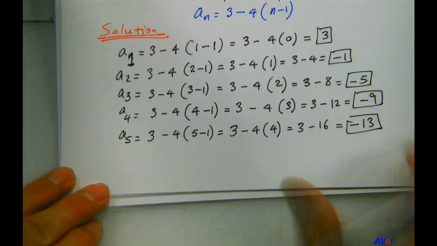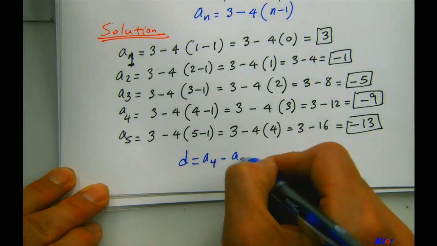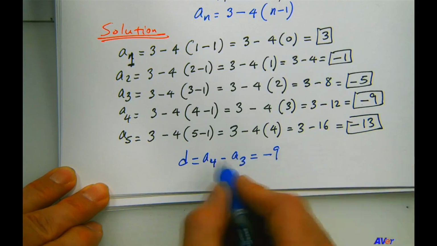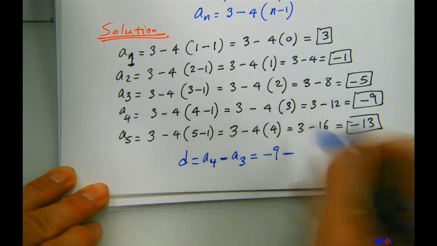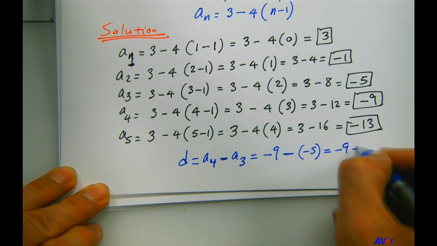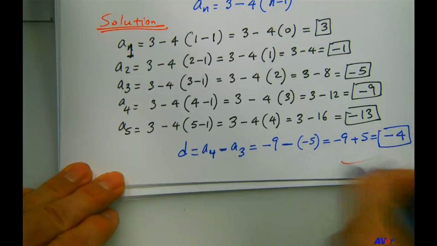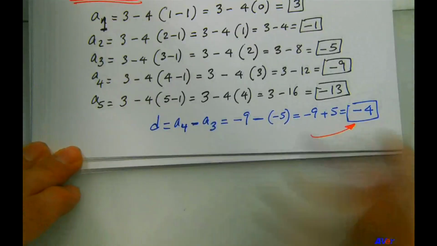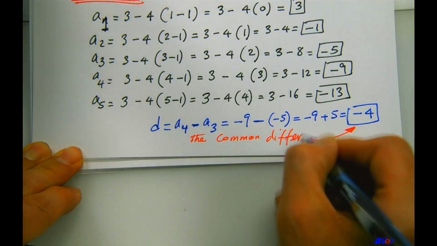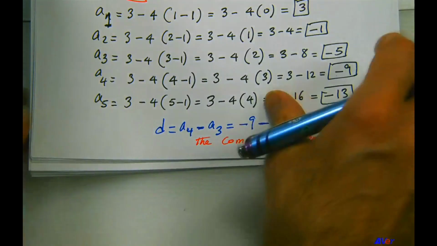So d would be a4 minus a3, right? a4 is minus 9, a3 is minus 5, and so we have minus 9 plus 5, or minus 4, and that is the common difference. Okay, let's see another example.